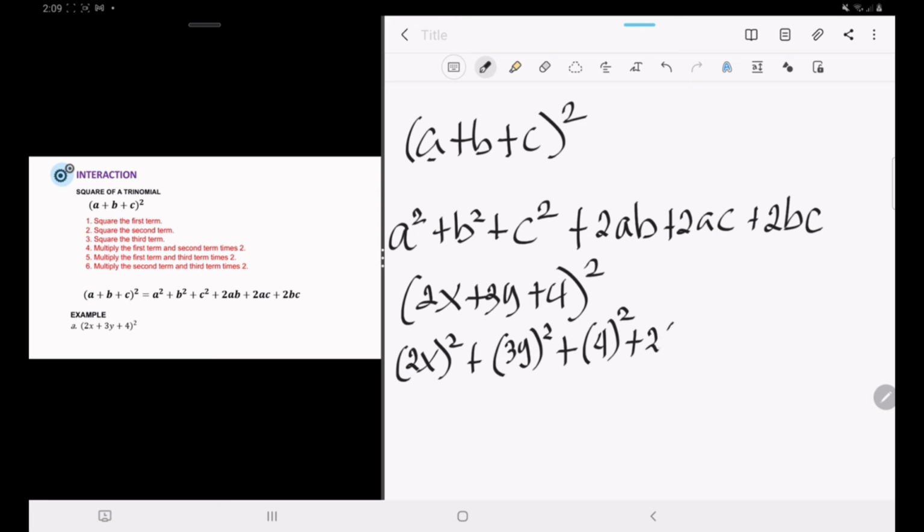So it's 2 times 2x times 3y. Then plus 2ac. So it's 2 times the first term, 2x, times the third term, 4. Then plus 2bc. So that's plus 2 times 3y times 4.